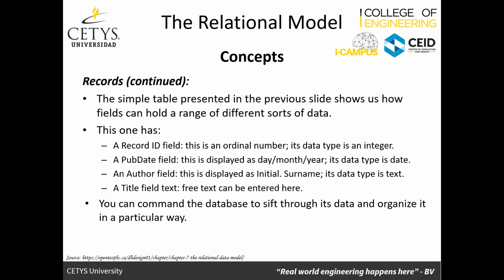The record ID field, the data type is an integer, a number, at least from what we're seeing there. The publication date field is the data type date. And what were we talking about last class about the date data type that's problematic? Well, not problematic, but we have to be mindful of. What's an issue that we can have with the date data type?